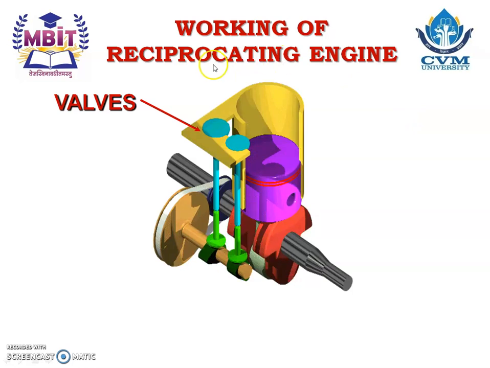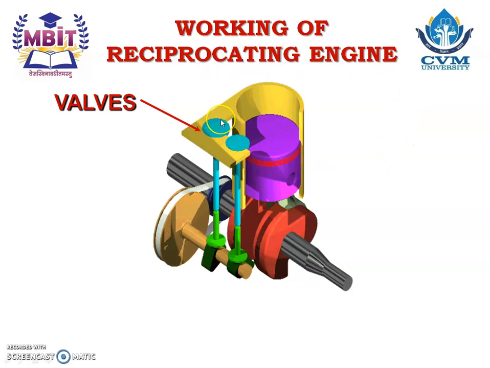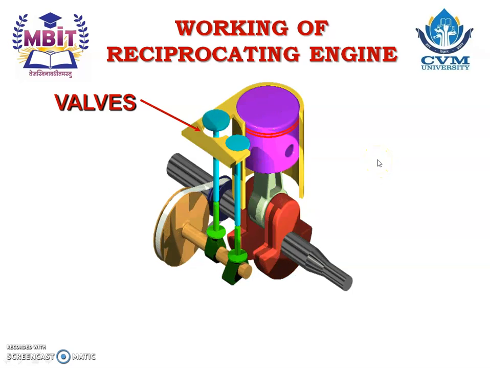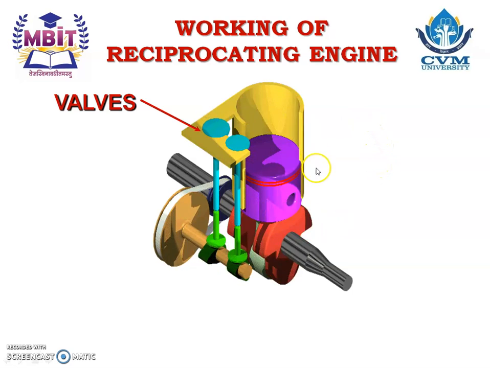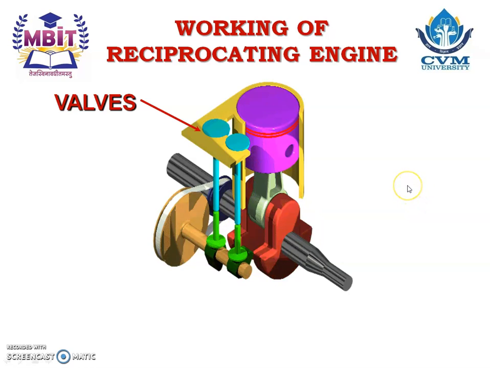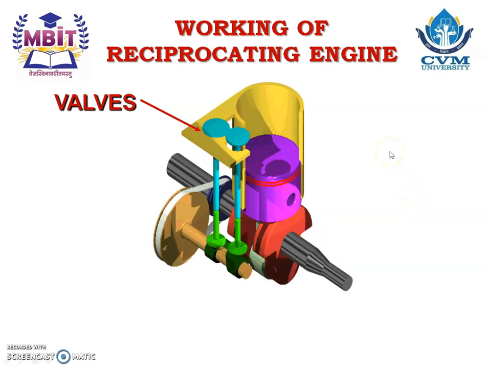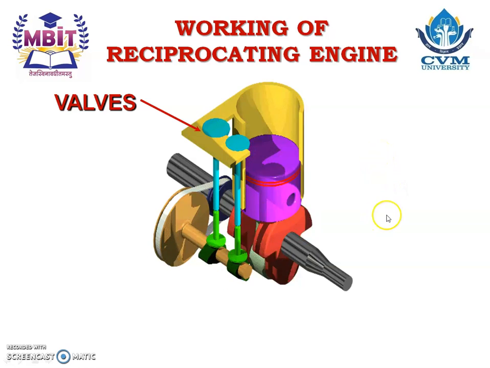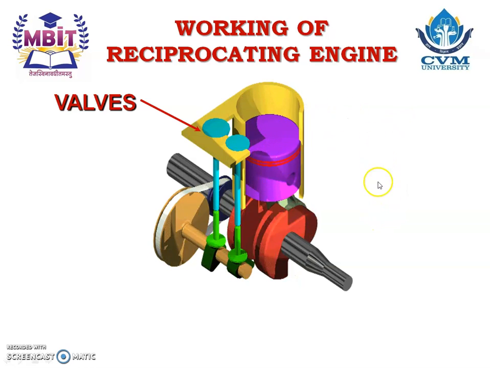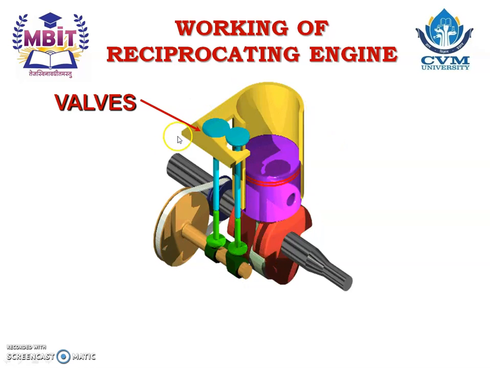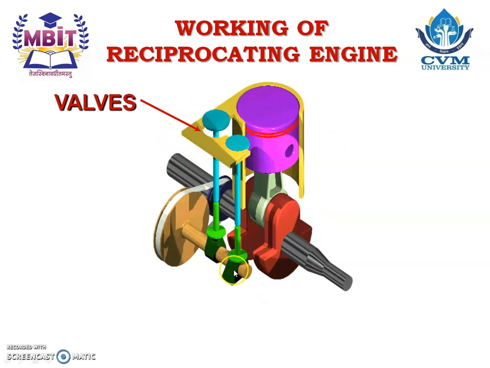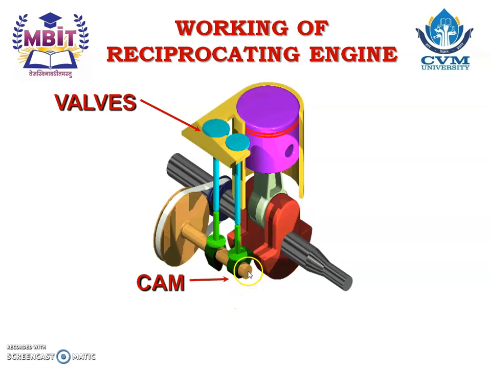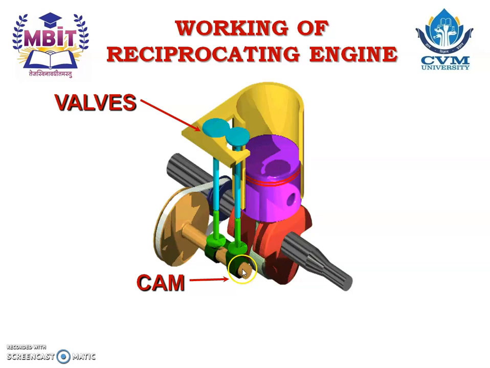The IC engine or the reciprocating engine has valves. These are required to enter the fuel and mixture of air inside the cylinder, and the valves are also required to exhaust the hot gases or burnt gases from the cylinder to the atmosphere. So this is the, you can say, valve mechanism. Here you can see this one is a cam, which has an extended portion, and generally it is rotating.